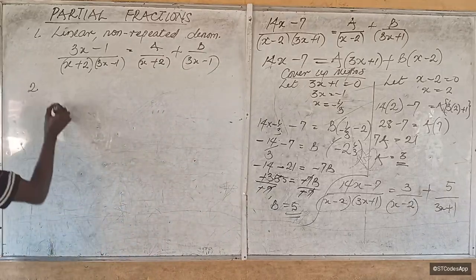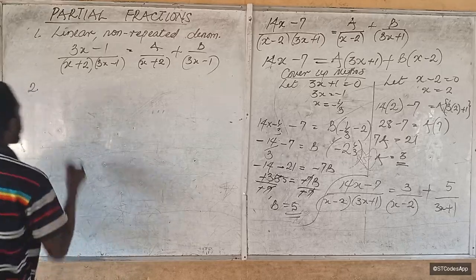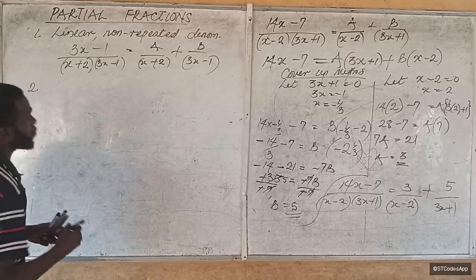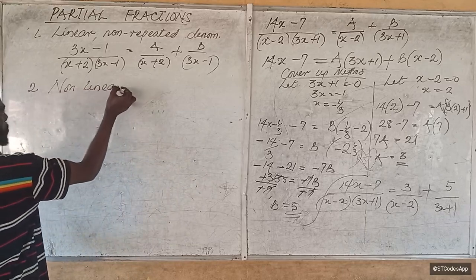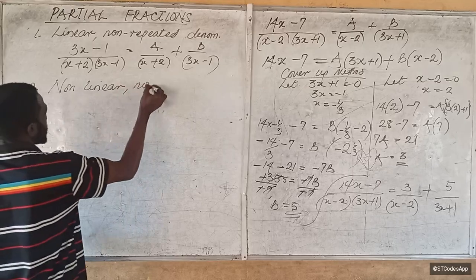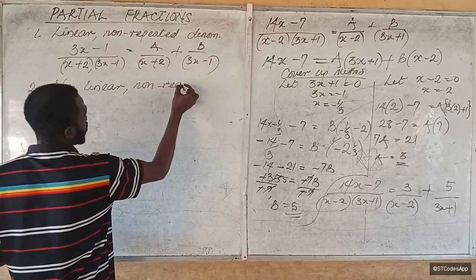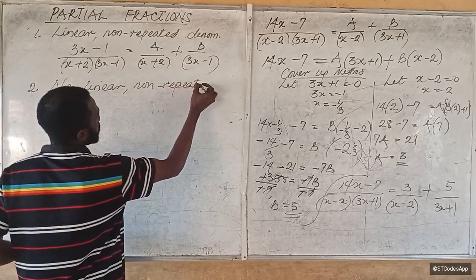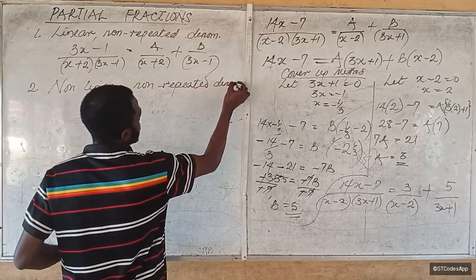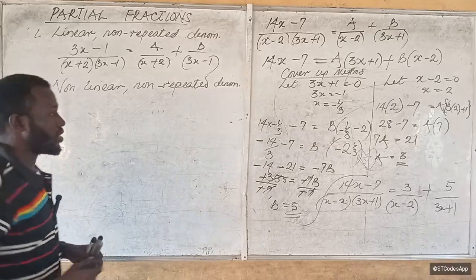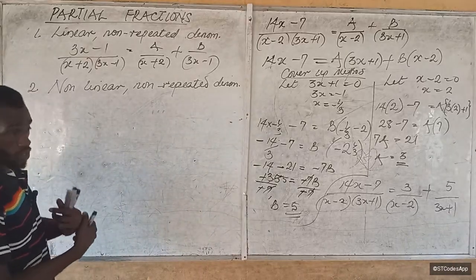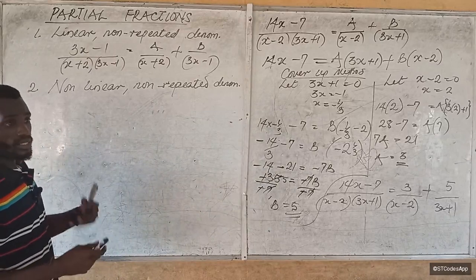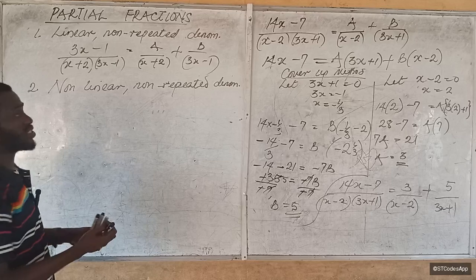Now, what if we have another form that we could come up with, which is non-linear but non-repeated, having no repeated denominator? What is non-linear? And that does not have a repeated denominator.